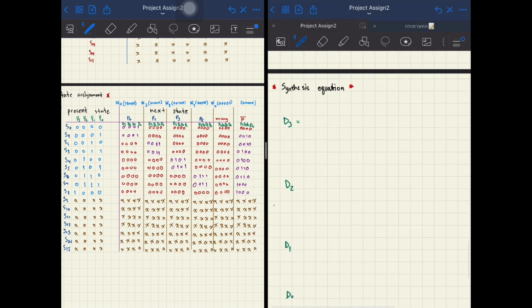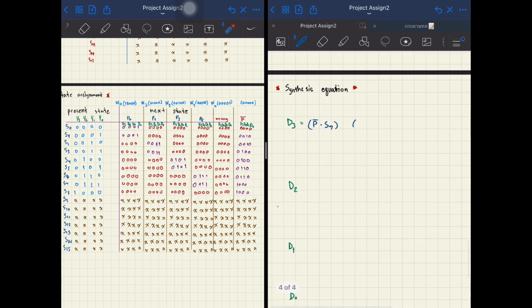So we can write P bar and with state 7. And this other one is P bar and state 8, right? So it is P bar and state 8. And these two terms are together. So we got the equation of D3, and we can write more.